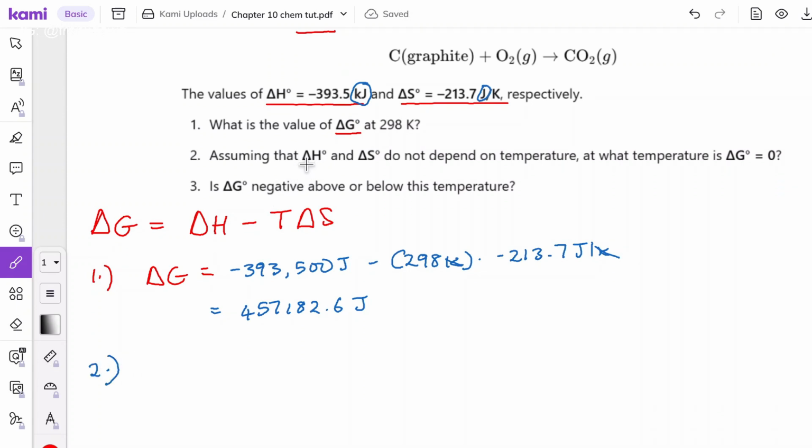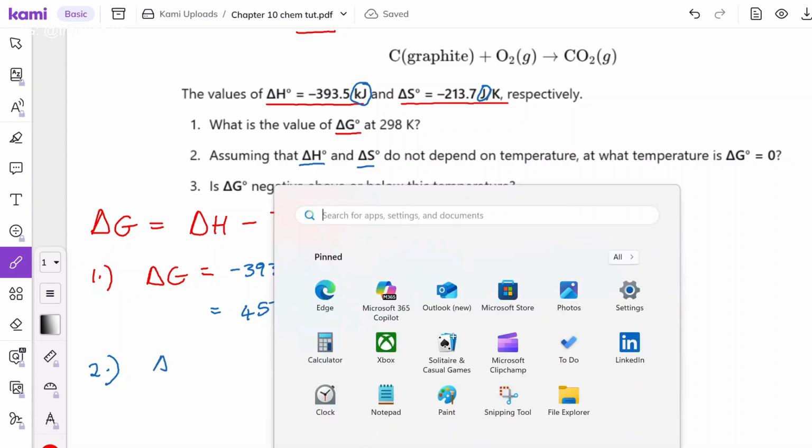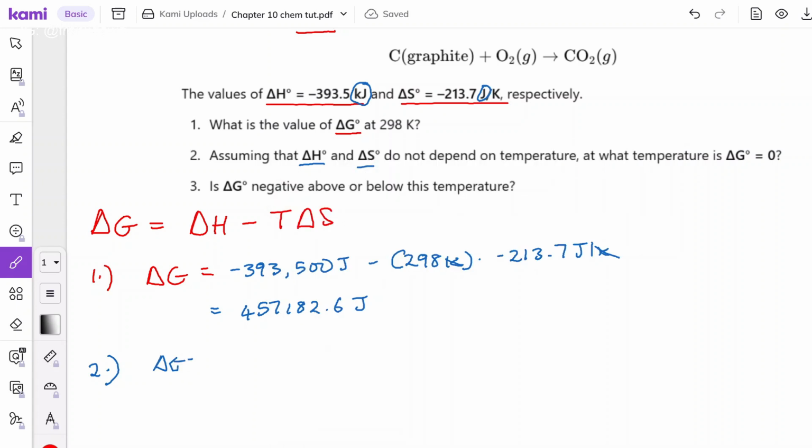So it says, assuming delta H and delta S do not depend on temperature, at what temperature is this equal to 0? So what we do here is we set this value equal to 0. And by doing that, 0 equals delta H minus T times delta S. You move delta H to the other side, and when you do that, you negate it, and we can get rid of the negative since it's on both sides.